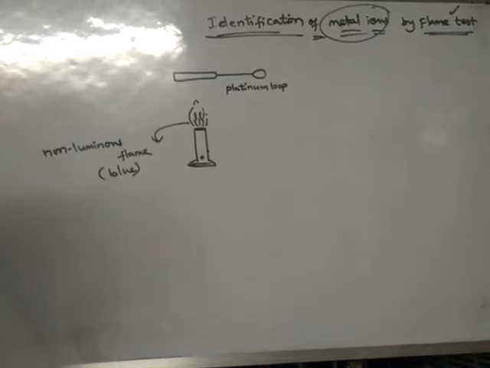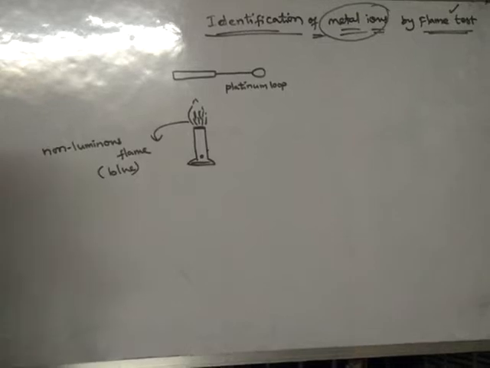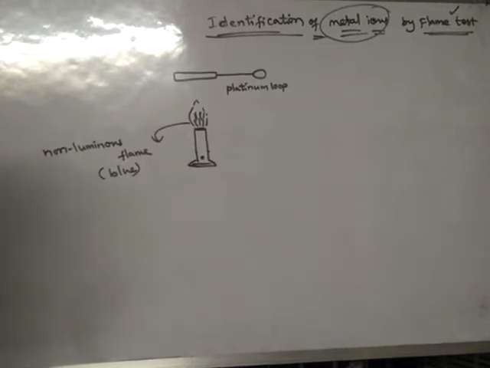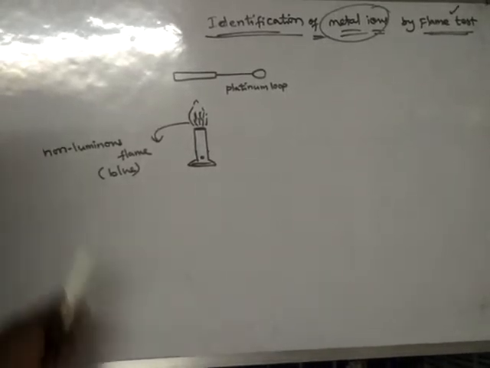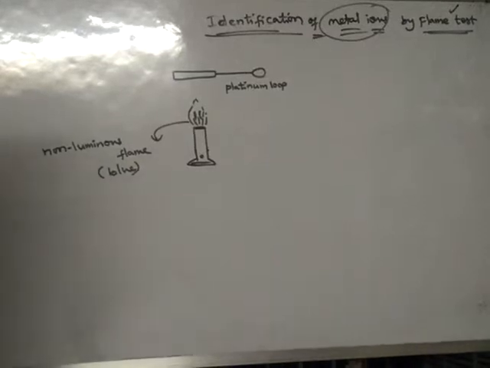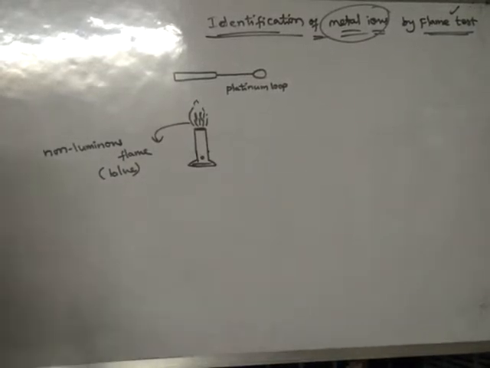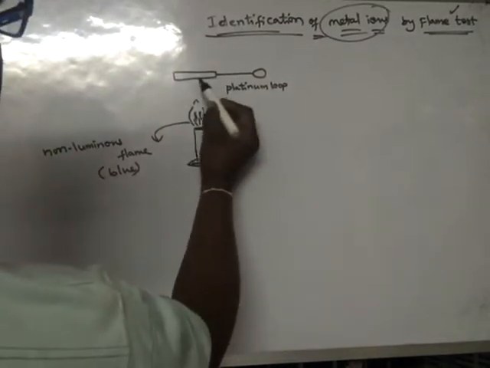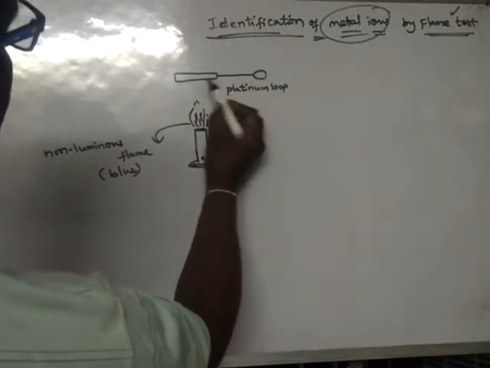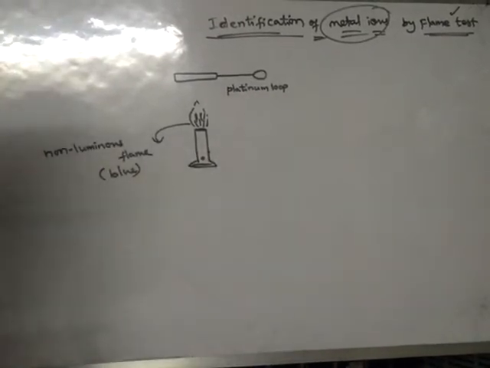The non-luminous flame is always more energetic, or produces more heat, than the luminous flame. The luminous flame is golden yellow in color, whereas the non-luminous flame will be blue in color. Now take this platinum loop, which is made up of platinum.